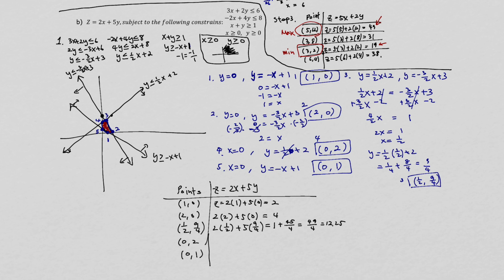The fourth one will be 2 times 0 plus 5 times 2, which is 10. And 2 times 0 plus 5 times 1 will be 5. So it looks like this is going to be my maximum point. And then the smallest value is this one right here, which is my minimum.